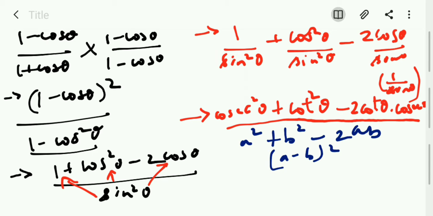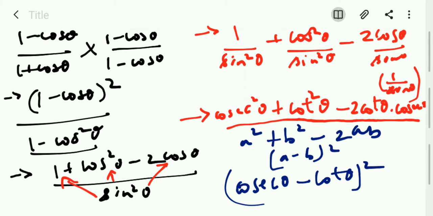So I'll write a as cosecant theta minus b as cot theta, the whole square, correct? I hope you all got this. So we can write LHS is equal to RHS.